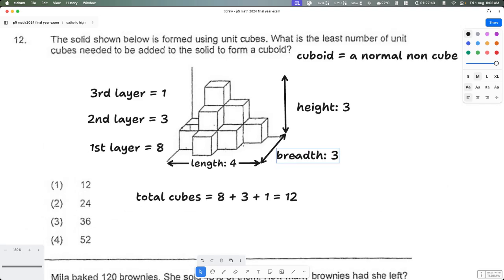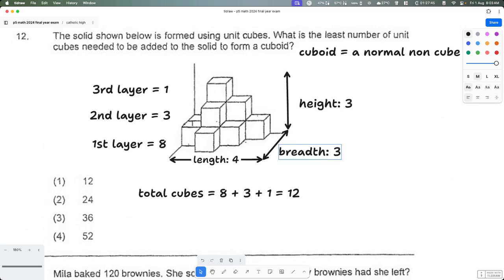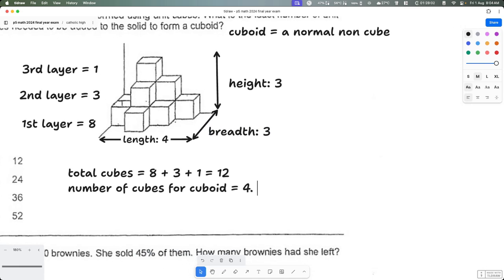So the number of cubes for the cuboid is equal to 4 times 3 times 3. 4 times 3 is 12, times 3, this will be 36.